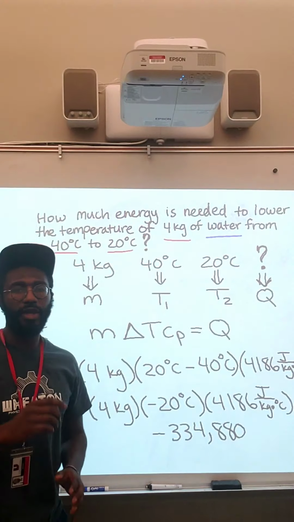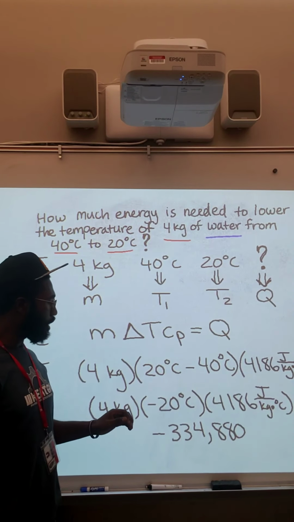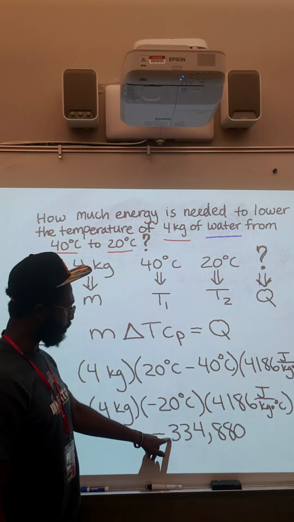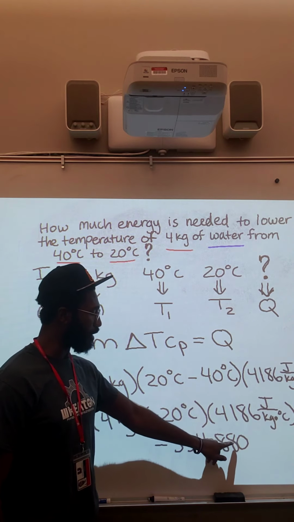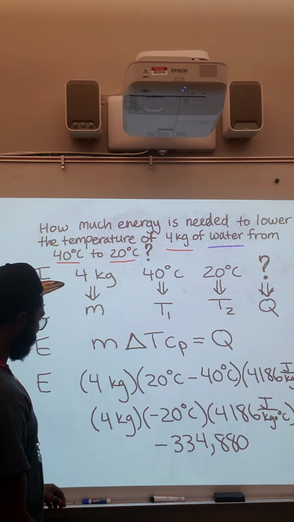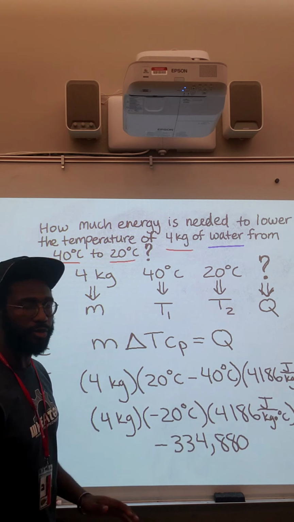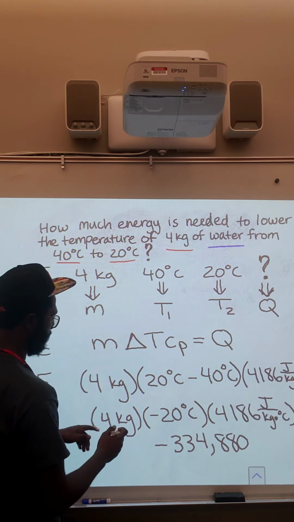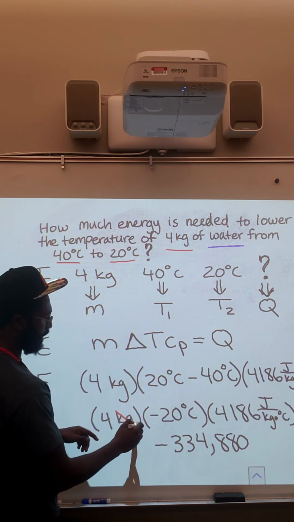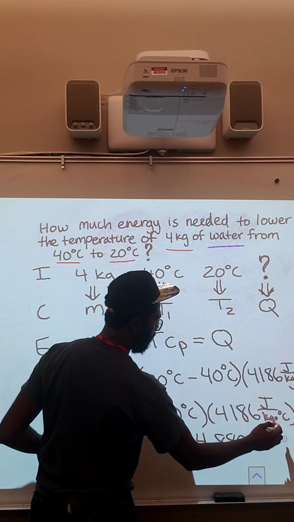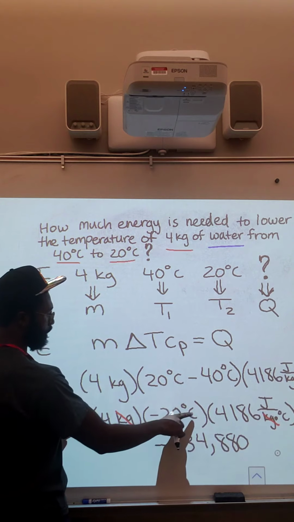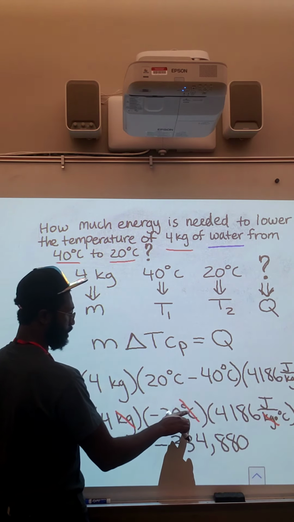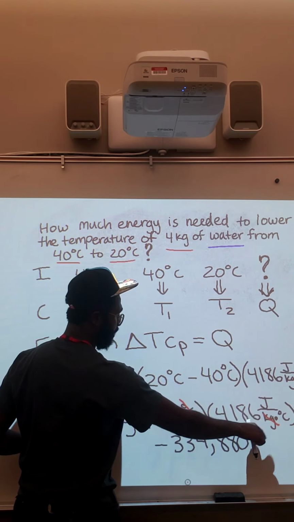Now when we calculate our final answer, we're going to get negative 334,880. Now let's figure out our units for this number. If we look at our 4 kilograms here, this kilograms is going to cancel out with the kilograms down here in the denominator.